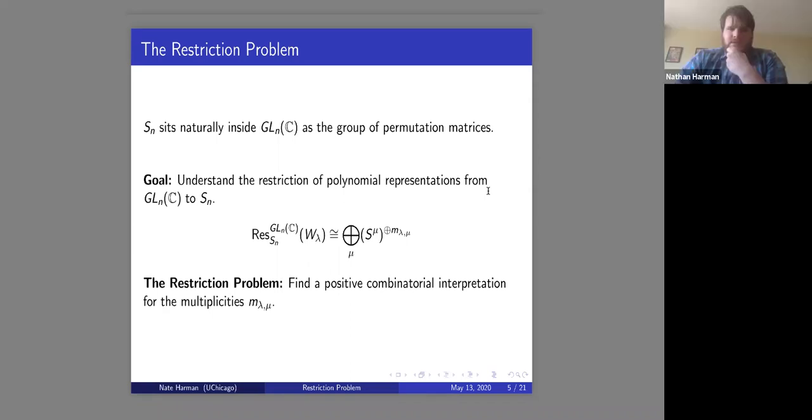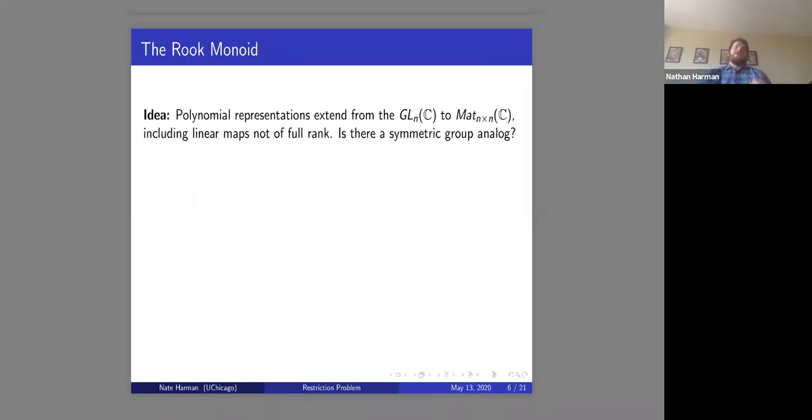Great. Okay, so let's go on. The first thing I want to talk about is the rook monoid. So what is the idea? Polynomial representations, the representations that we care about in algebraic combinatorics, as I said at the beginning, are exactly those that extend over matrices of not full rank.